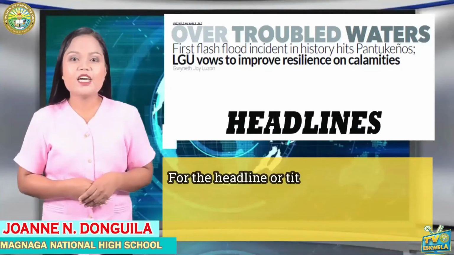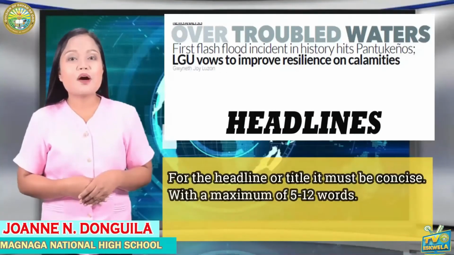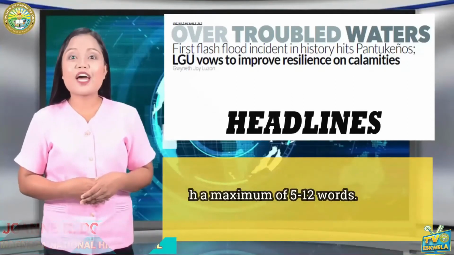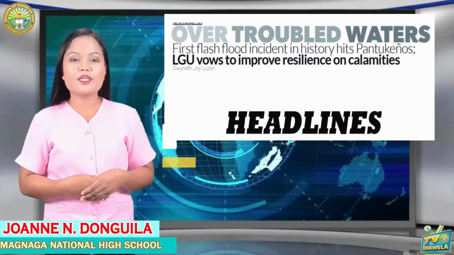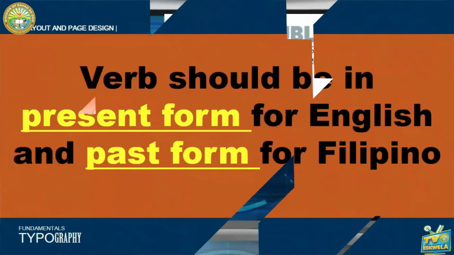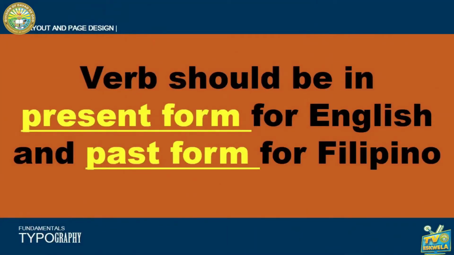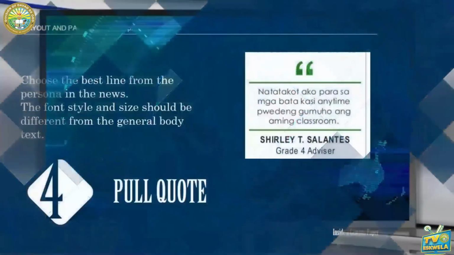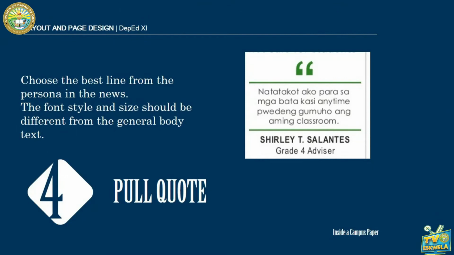For the headline or the title, it must be concise, with a maximum of 5 to 12 words. And the verb should be in present form for English and past form for Filipino. For the full quote, you should choose the best lines from the persona in the news. The font style and size should be different from the general body text.